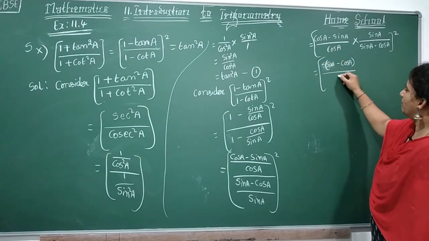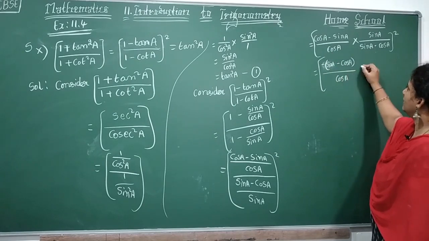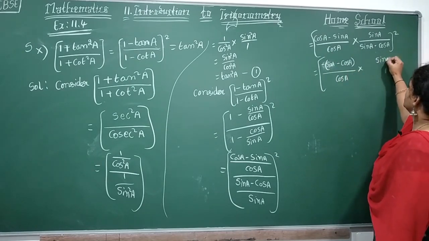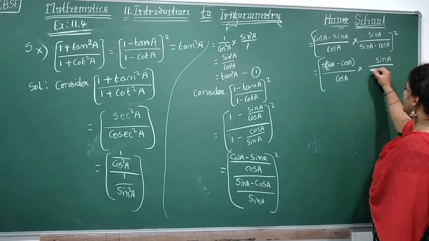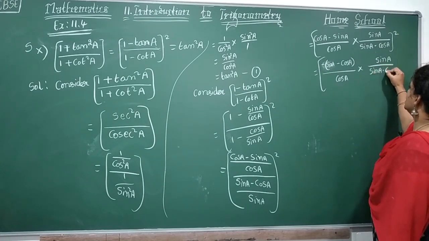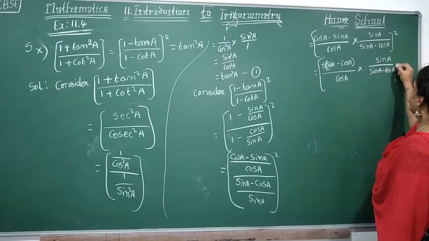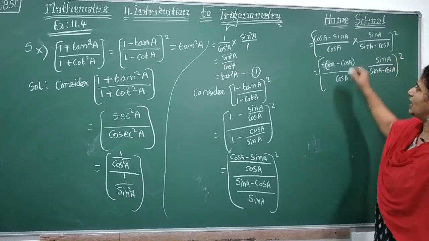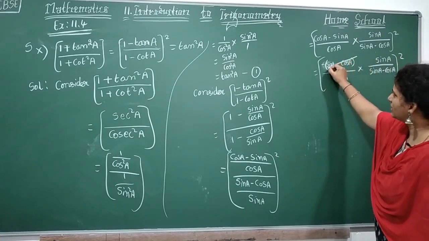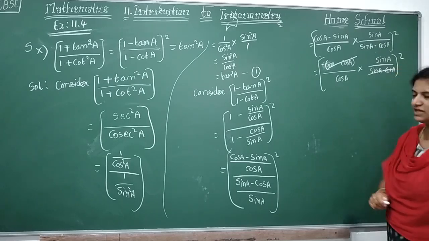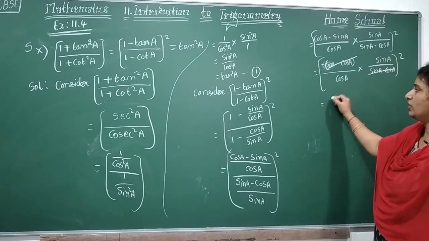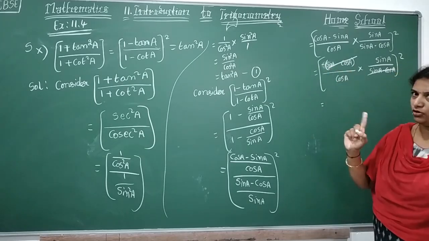So, by cos A into sin A by sin A minus cos A whole square. Okay, now look here carefully. Sin A minus cos A cancel. But here, what do you have, children? Minus 1, don't forget.